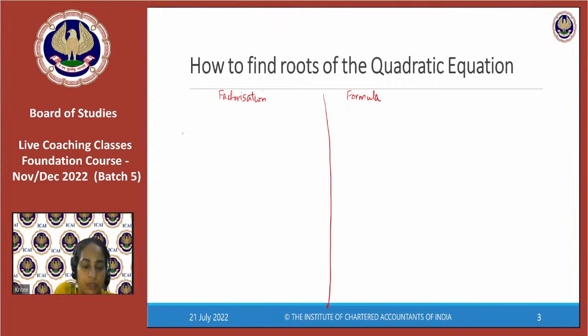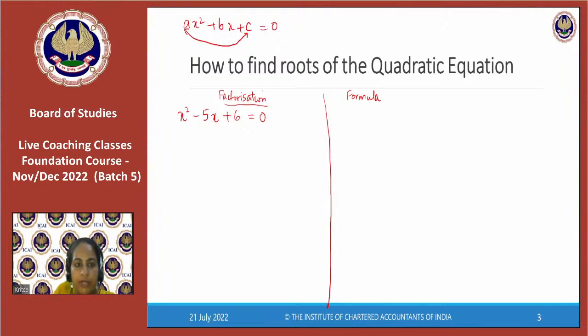Okay. So your equation was x square minus 5x plus 6 equals 0. Under the factorization method, what we have to do is multiply a and c. First you multiply a and c. Whatever number comes in, I'll give you the steps.